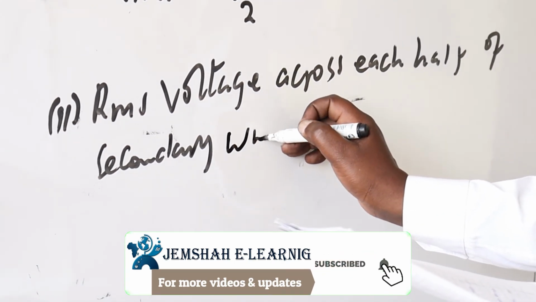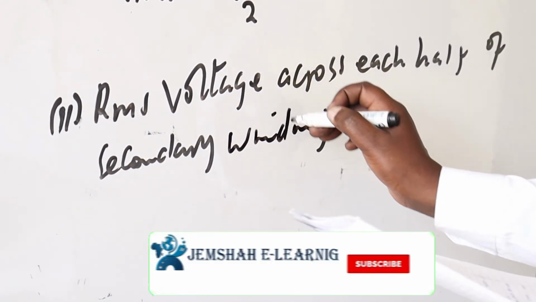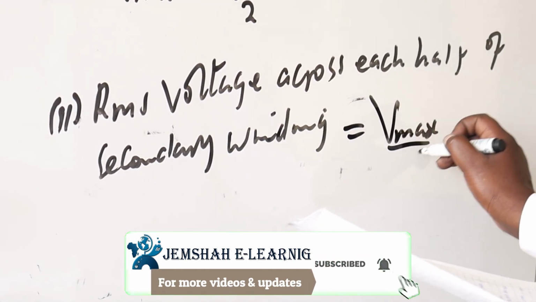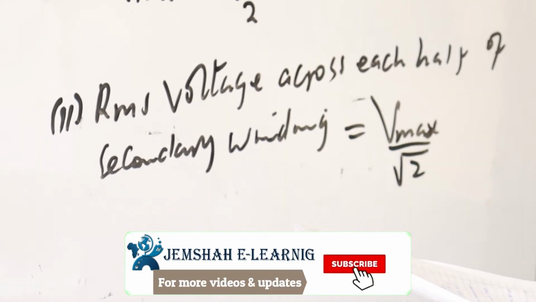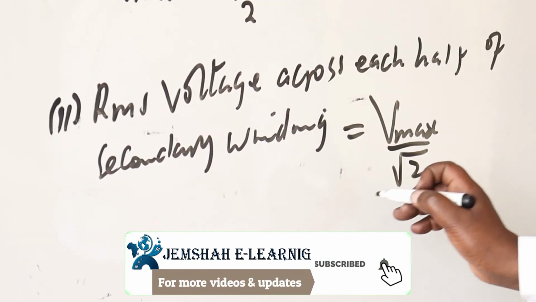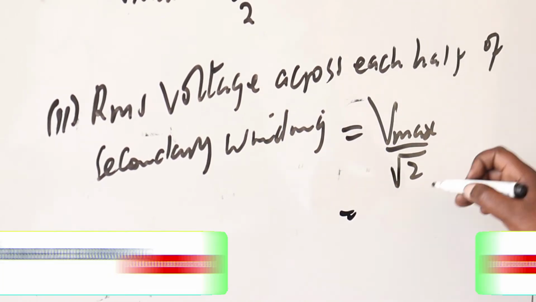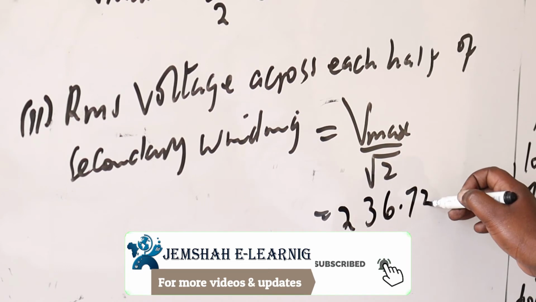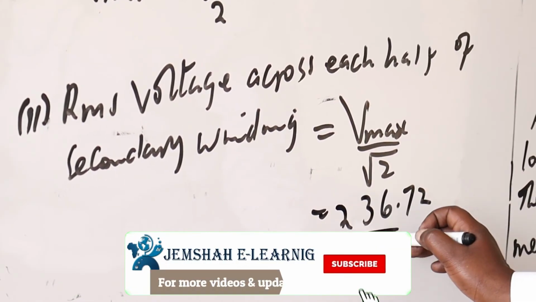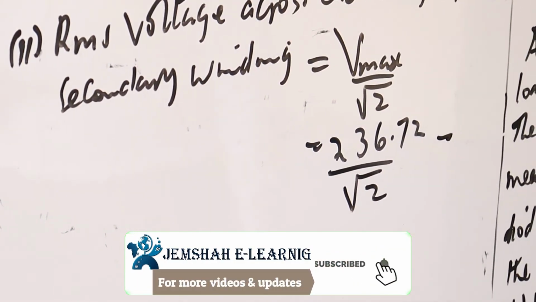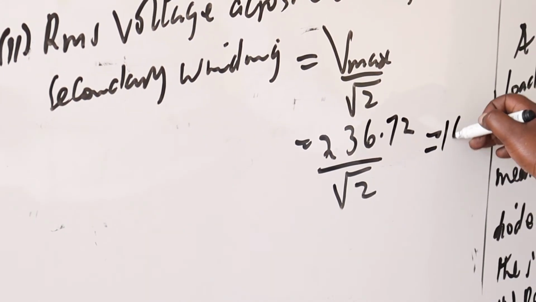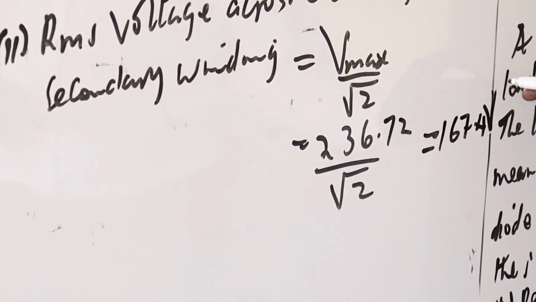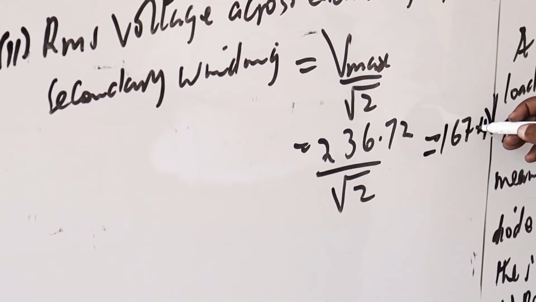Actually, this is our Vmax all over root 2. That is the RMS voltage, which will be Vmax, 236.72, all over root 2. This gives 167.4 volts.